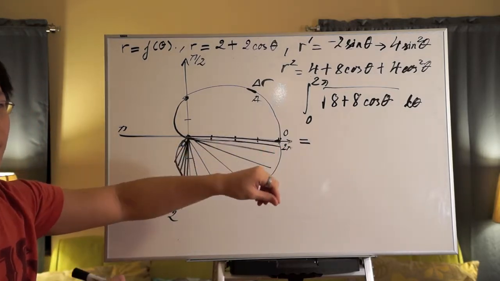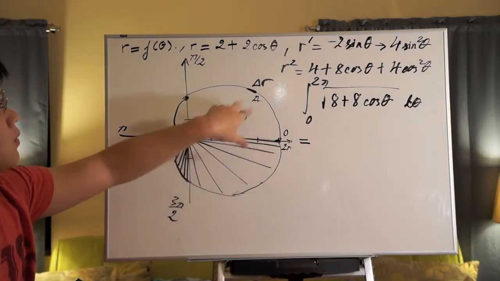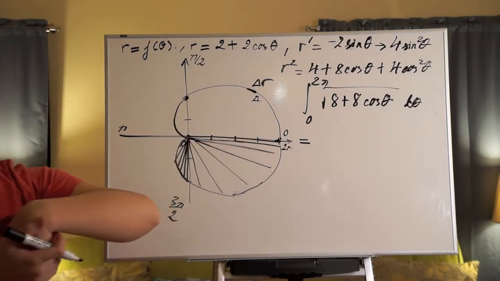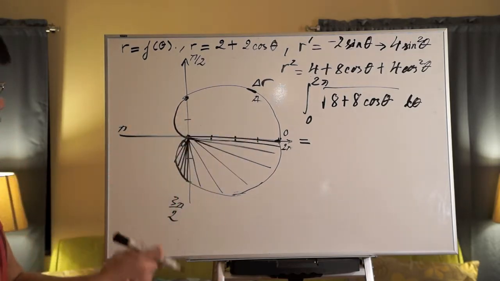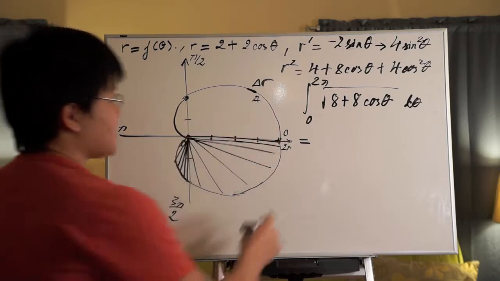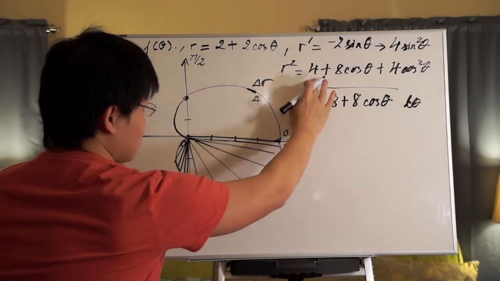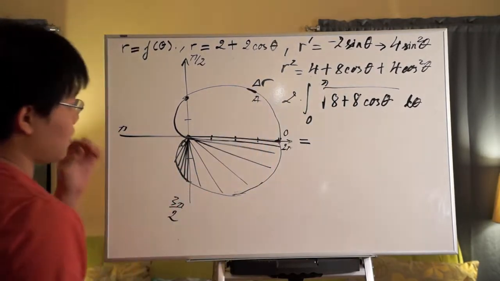We may manipulate the symmetry a little bit so that we don't run into those issues, which may bring us hardships later on. So with that being said, we can change this from 2 pi to just pi, and multiply it by 2. Alright.